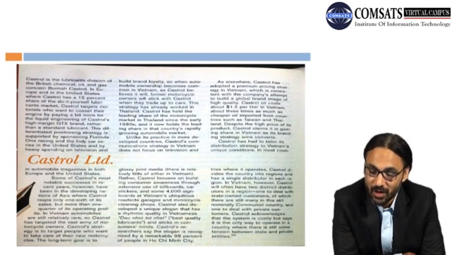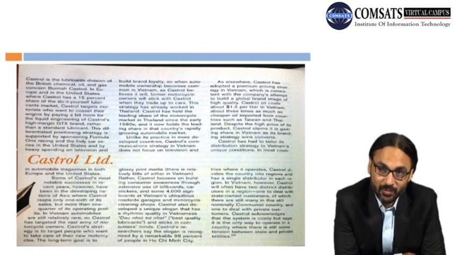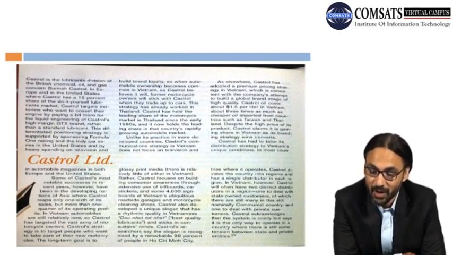Castrol oil costs about $1.5 per liter in Vietnam, about 3 times as much as cheaper oil imported from countries such as Taiwan and Thailand. Despite the high price of its product, Castrol claims it is gaining share in Vietnam as its branding strategy wins converts.